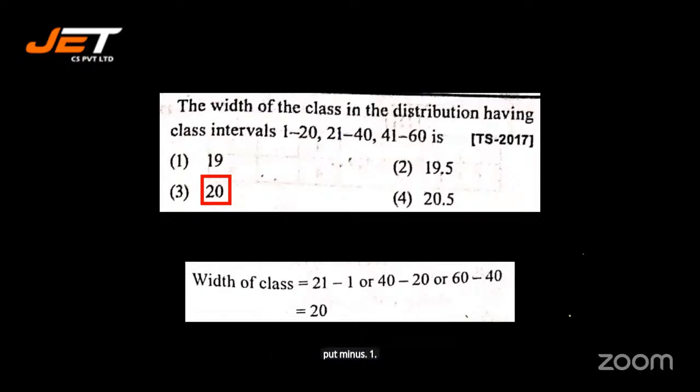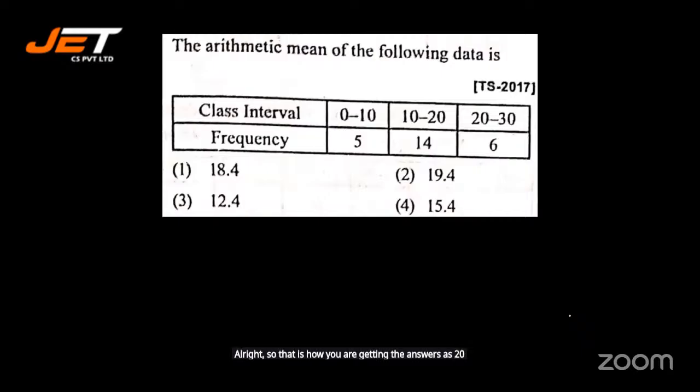For example, if you take 41 to 60, you should minus 1 and get 40. So it becomes 60 minus 40, which is 20. And there you can do 21 minus 1, which is 20. Therefore, 40 minus 20 is 20. All right. So that is how you get the answer as 20. Now, let's see the next question.